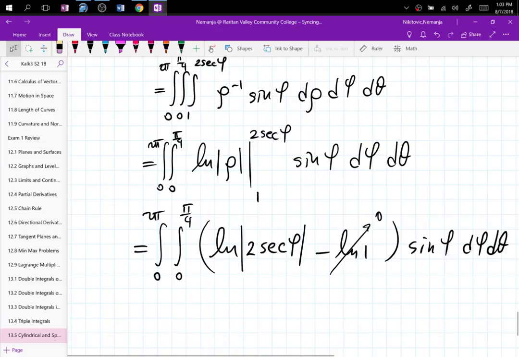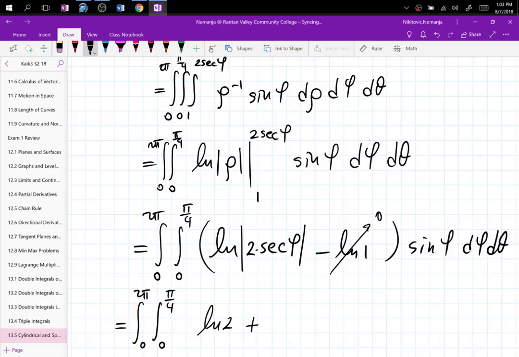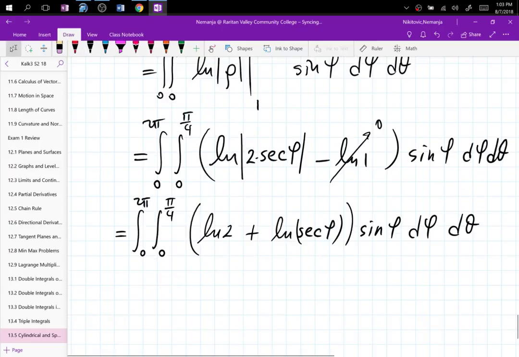0 to 2 pi, and let's do one more over here. Guys, I have ln, so this is multiplication inside, right? If it's multiplication inside, I can write it as ln 2 plus ln secant phi. All of that times sine phi d phi d theta. Bueno?